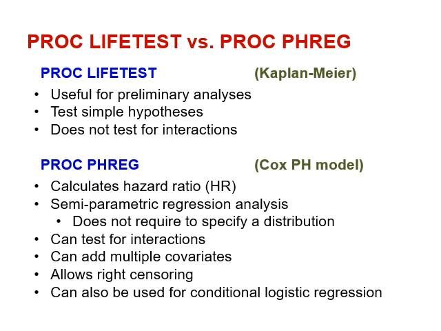We can test for interactions. We can add multiple covariates, similar to what we could do in logistic regression. And we can have right censoring. For interval or left censoring, then we would need to consider another analysis. And PROC PHREG can actually also be used for conditional logistic regression.